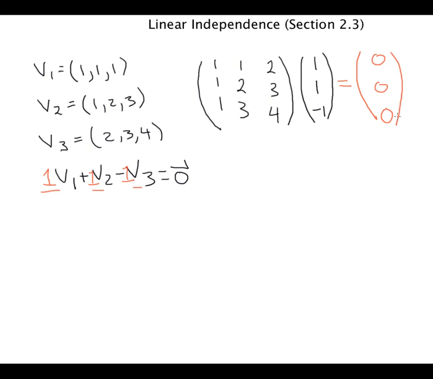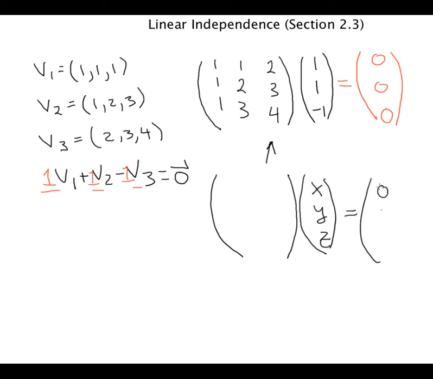Let's never mind looking at the vectors over here. Let's think about things purely from the point of view of an equation. This equation right here, you can think of it as writing down this matrix, and you're finding x, y, z such that it equals 0, 0, 0.